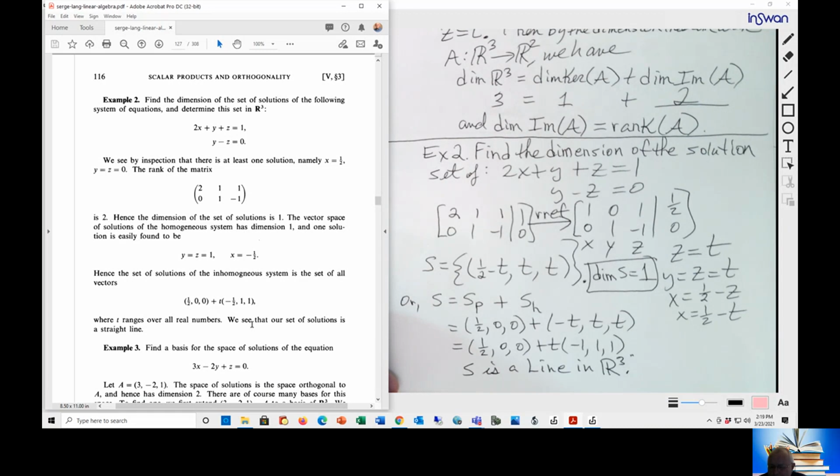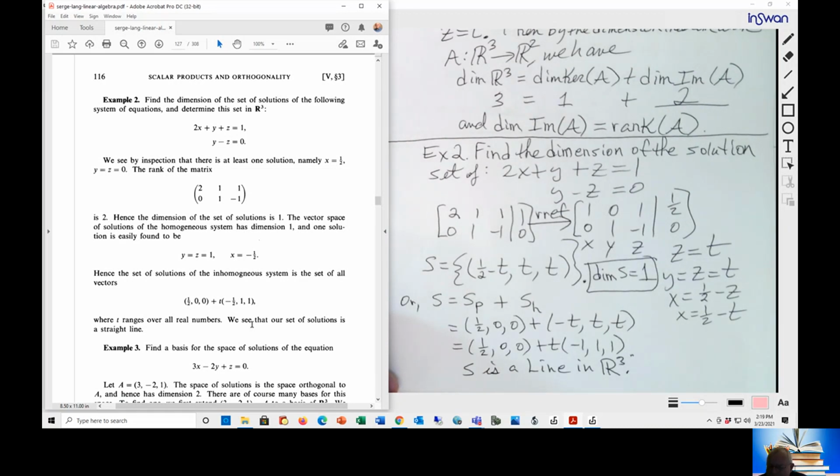Now, the particular solution I always use is the one where I set the parameter t equal to 0. If I set t to be 0, then one particular solution is the ordered triple 1 half, comma, 0, comma, 0. Okay?